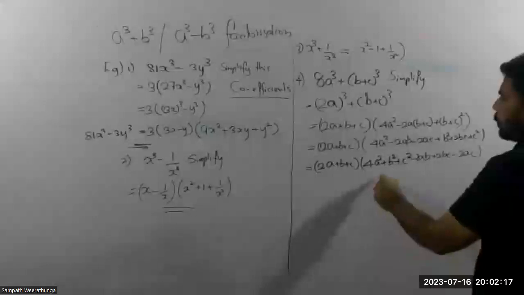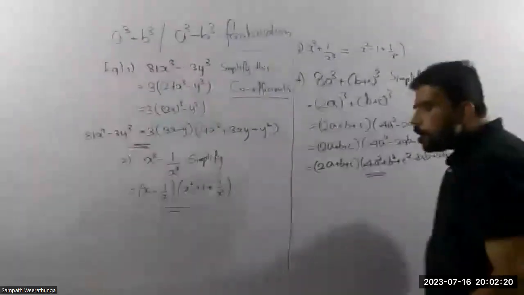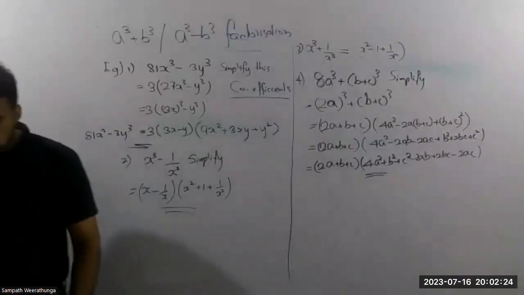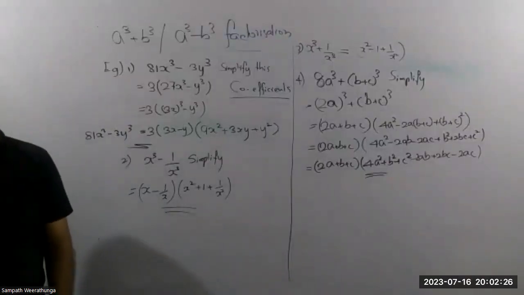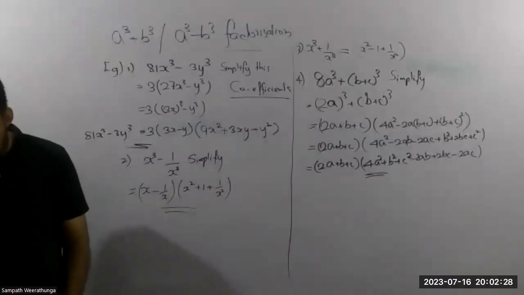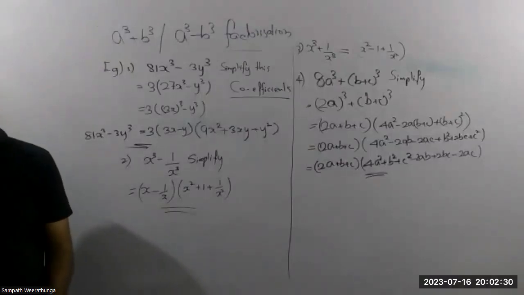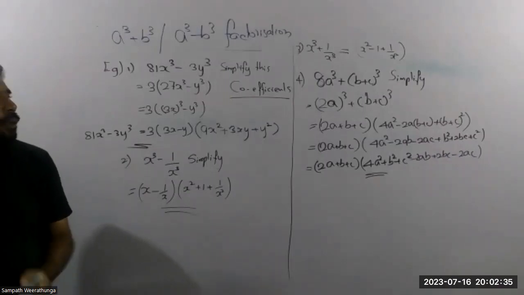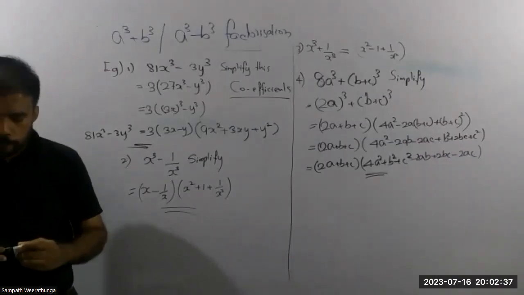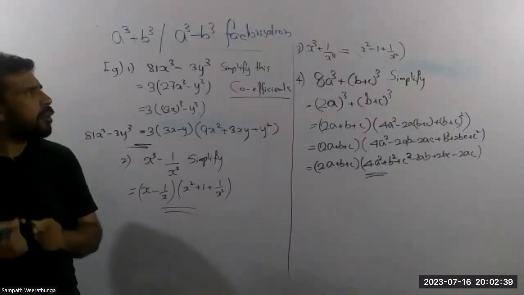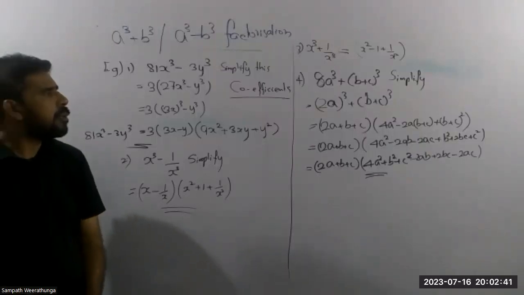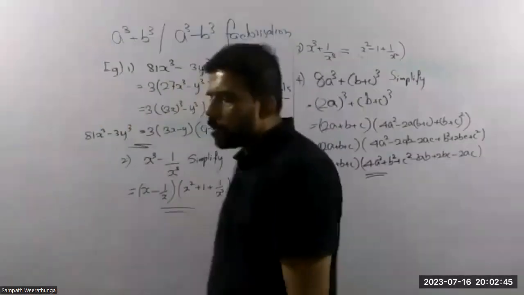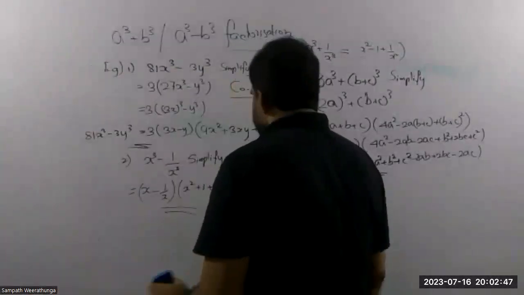So this is my final simplified answer for this expansion. This is the possible simplification of (2a plus b plus c) cubed. Okay, I'll erase this side.